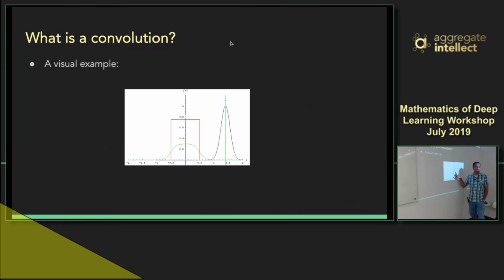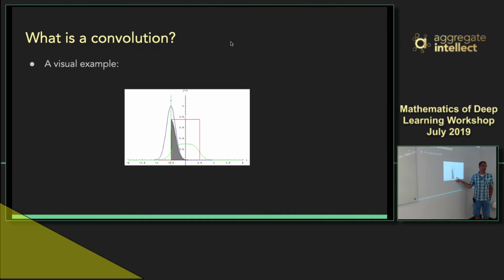So you got the gray one. Gray is when you multiply blue with red. And again, blue is called the kernel, and red is my function. You multiply them together, you get the gray curve. And to compute the convolution, you take the integral, which is the area under the curve, which is the area under the gray curve.